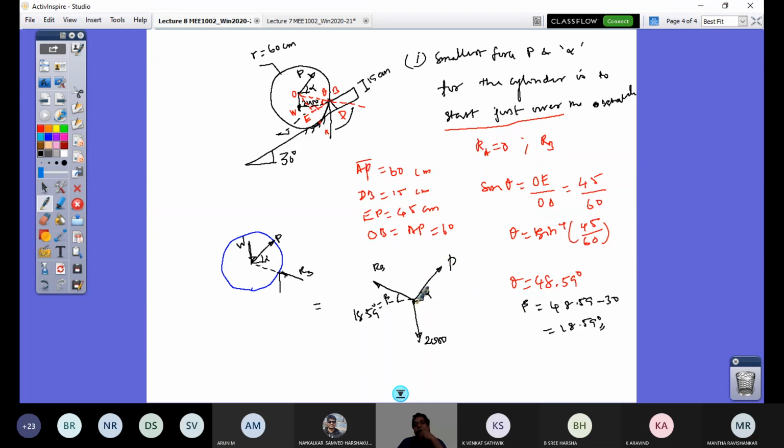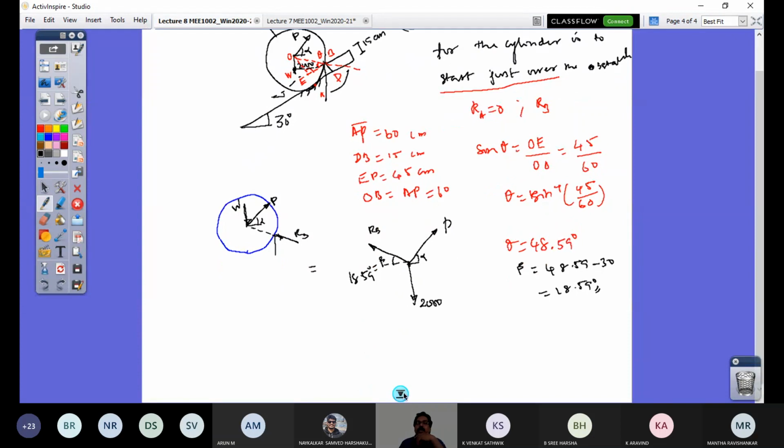So I have these three forces. I can apply Lami's theorem, and then I can solve for this problem. Do you understand this angle? How does it come? That angle comes from this geometry. So I have here this angle theta calculated, and that angle is the inclination of this hypotenuse of triangle OBE to EB, to the slope.